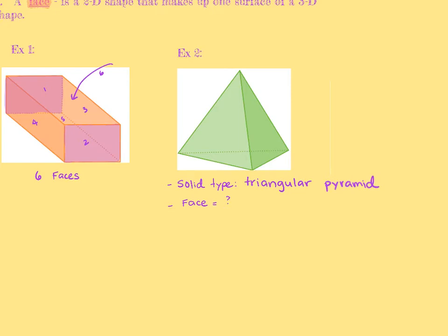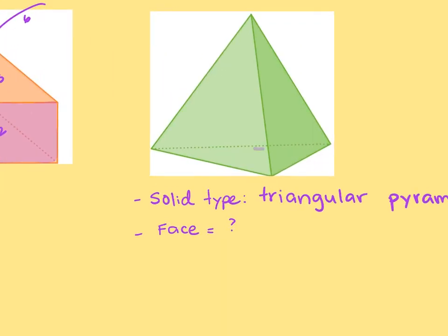Now the faces, let's go ahead and do that one together. So there's a face, and I'll zoom in to make the coloring a little bit easier. There's one face that makes up the base, and that's down here. So that's one face right there, and I don't think I'm going to necessarily color them all. Or maybe I should, just for this one example.